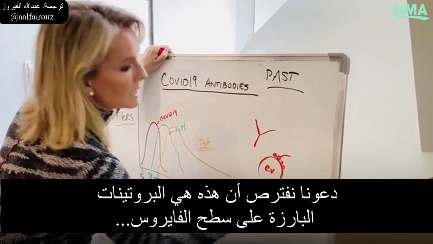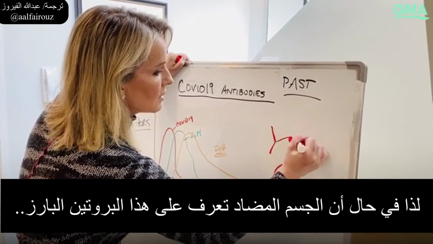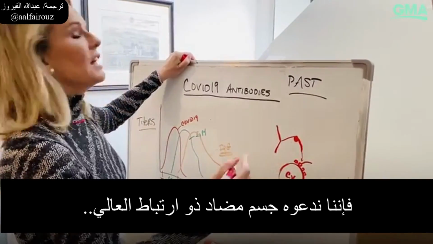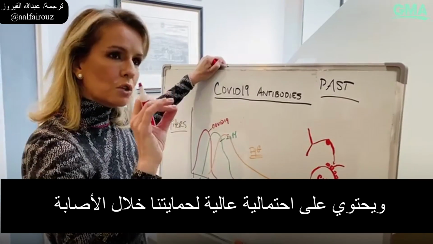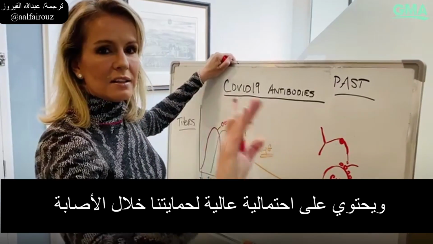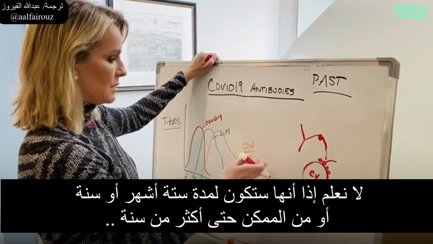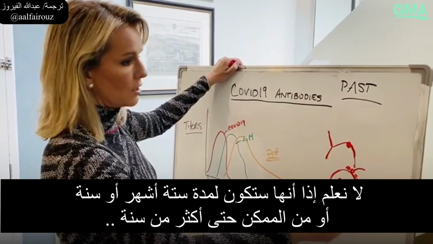Let's say those spike proteins on the surface. So if the antibody recognizes this spike protein, then we call that high affinity, and that has a greater chance of protecting us down the road for some period of time. We don't know when. We don't know whether it'll be 6 months, we don't know whether it'll be a year, or possibly even more than a year.